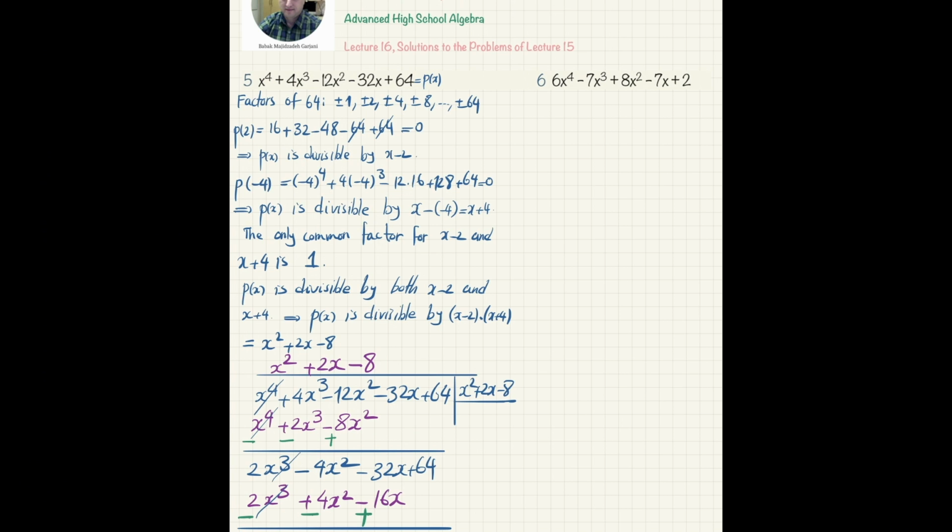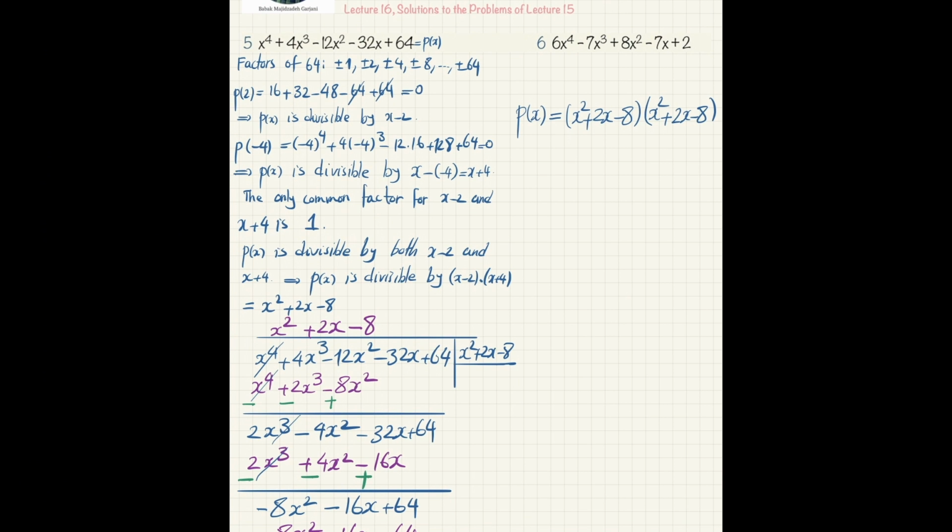So my p of x is now equal to x squared plus 2x minus 8 multiplied by x squared plus 2x minus 8 again. Yes, so that was interesting. Both of them are actually the same. Yes, so I can simplify that to x squared plus 2x minus 8 to the 2.